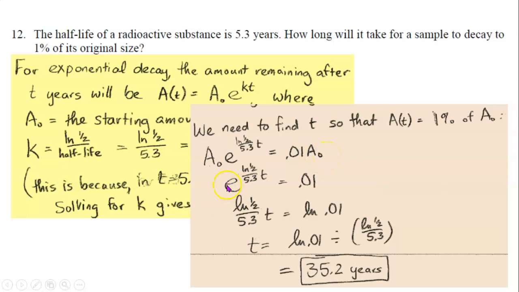Then get the e out of the way by taking natural logs of both sides. And we get that this number for k, that was ln of 1/2 divided by 5.3 times t equals the ln of 0.01. Then divide both sides of the equation by that number k. So t is the ln of 0.01 divided by that number, should come out to be 35.2. So that's how many years?